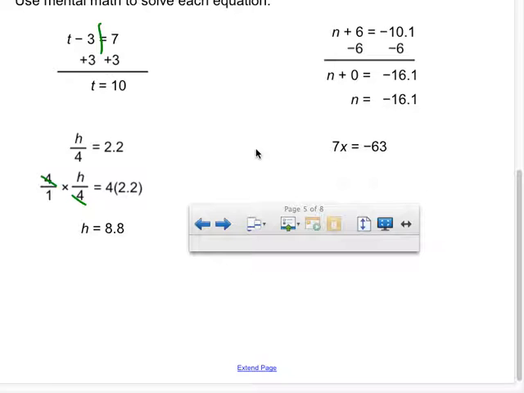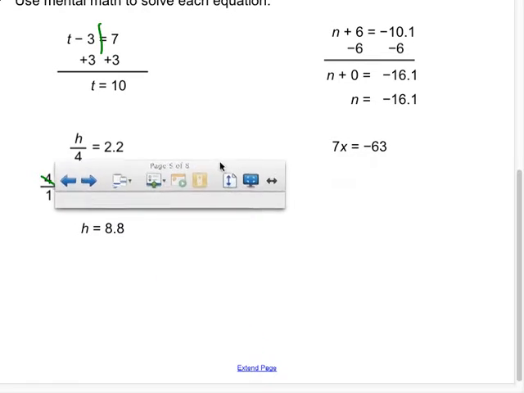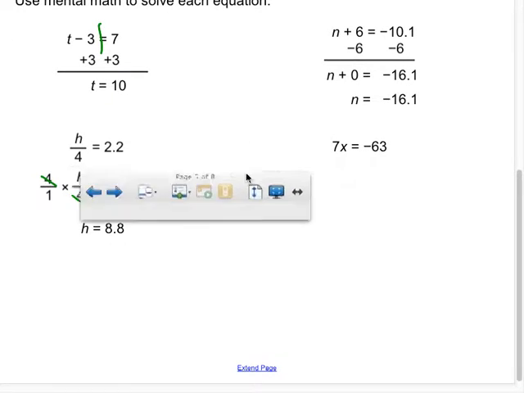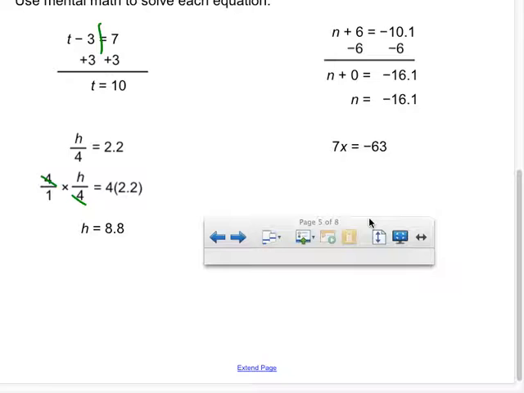Are we good? All right, and who can get this last problem for me? Tori, go ahead. What's the question? I don't understand how you multiply.